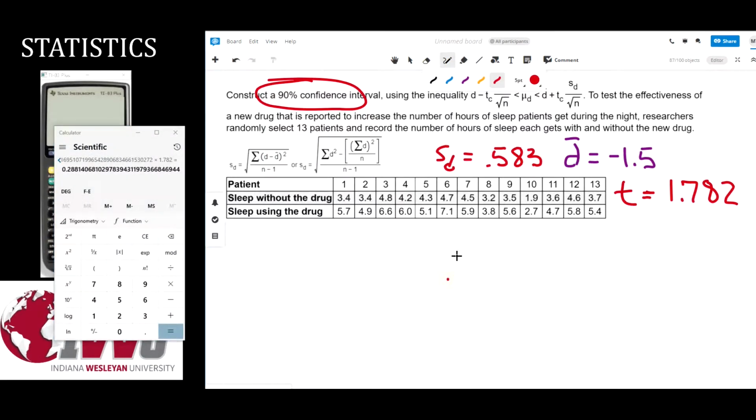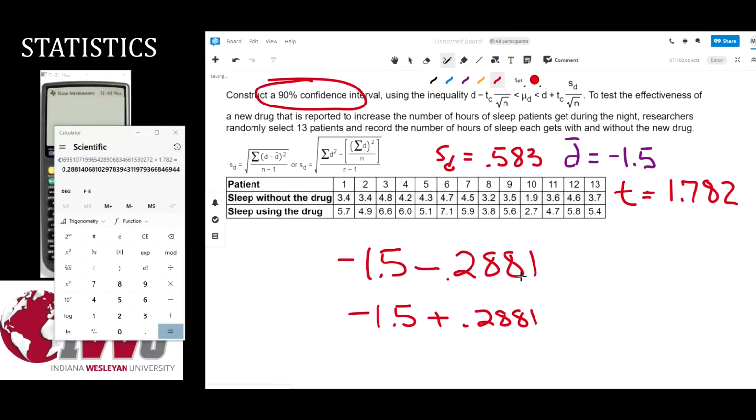All right, let's grab that 0.2881. So we're going to take that and we are going to do negative 1.5 minus, and it's also going to be negative 1.5 plus the 0.2881.